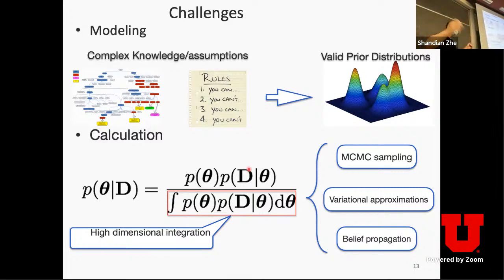Each node in this graph corresponds to a random variable, and those random variables are connected through their joint distributions, and then you minimize a so-called energy function based on this graph. When you minimize this energy function, you'll find some optimal approximation to the posterior.